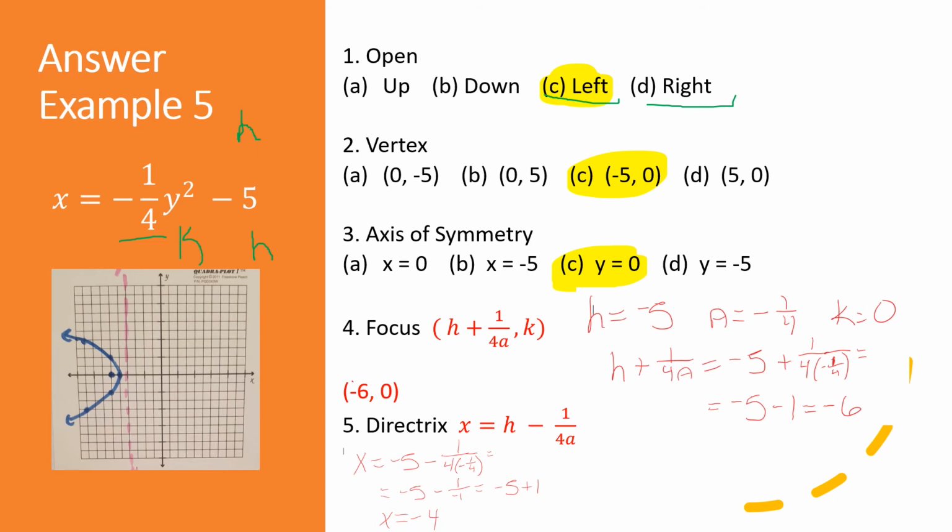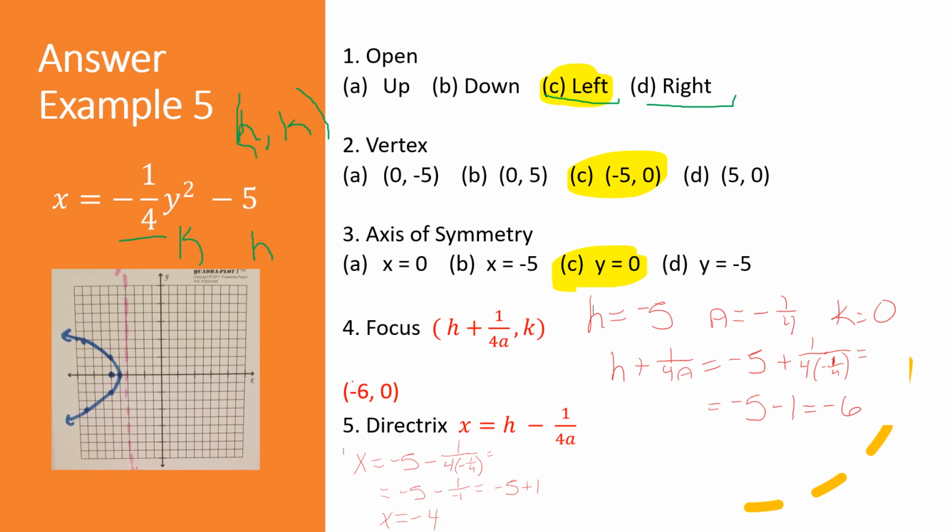Anyway, h was -5. Again, if it's the outside thing that's not in the parentheses, it's the same sign. If it's in parentheses, you change sign. So this is our correct vertex. I think I got it right this time.